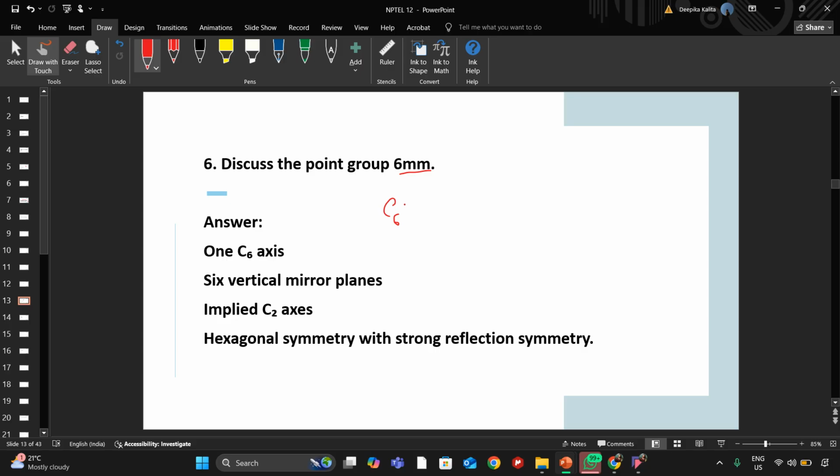Along with that, it will have six vertical mirror planes, which will give rise to mm.